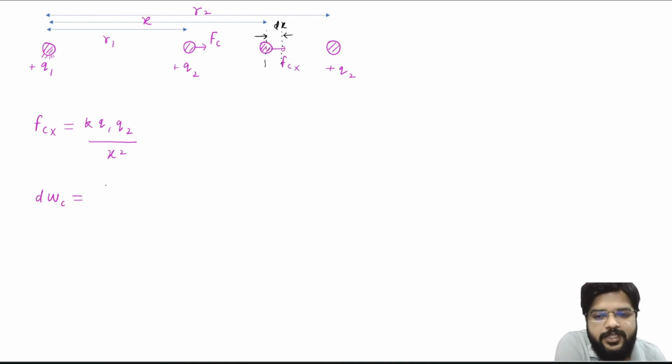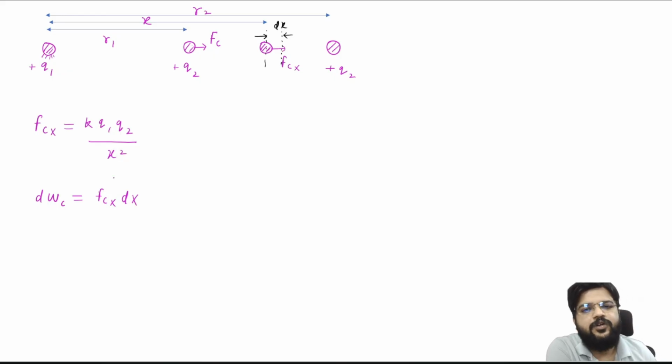So dWc is equal to the conservative force at distance x into the displacement in the direction of the conservative force. What is the basic formula of work, everyone? Force into displacement of the point of application in the direction of force, correct? This is the basic formula of work, so we are using it here for the small displacement.